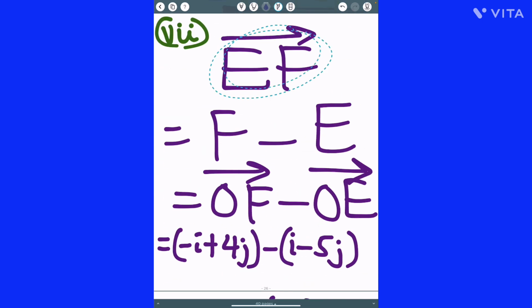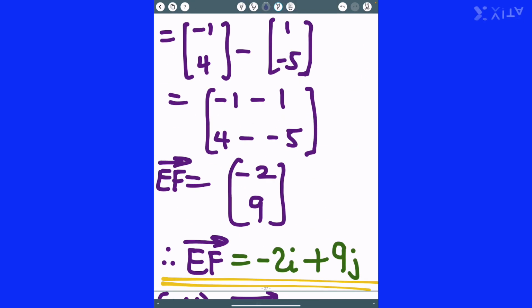We have to find the relative vector EF. EF is F minus E. So that's position vector OF minus position vector OE. That's minus 1i plus 4j, that's OF, minus 1i minus 5j. Take note of these steps.